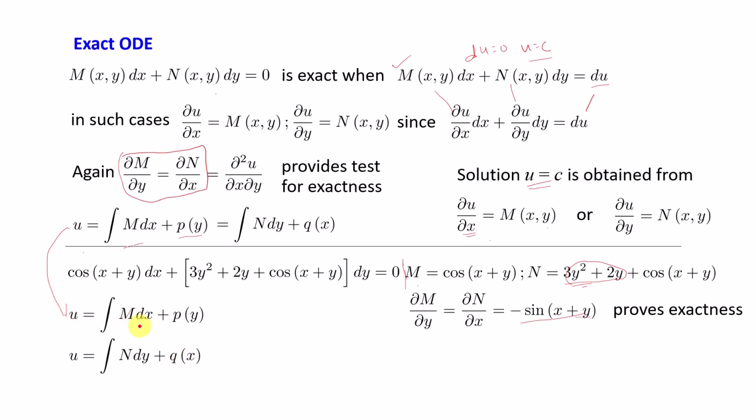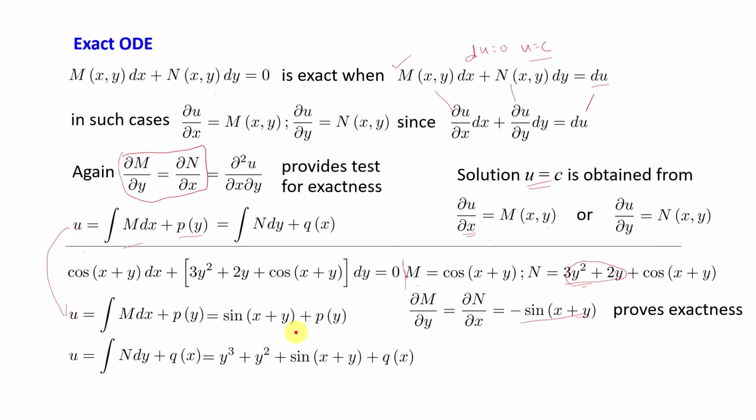If I integrate M dx, my M is cos(x + y), I'll get sin(x + y) plus some function of y. My N is 3y² + 2y + cos(x + y). If I integrate that, I'll get y³ + y² + sin(x + y) plus q of x.